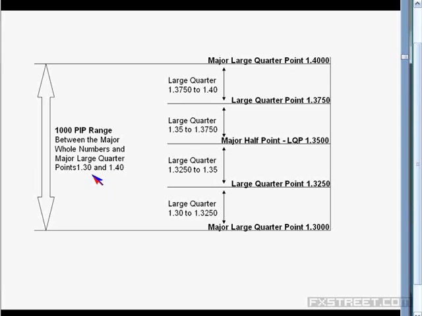So in my Quarters Theory, what I do is I divide these 1,000 pip ranges into 4 equal parts, or 4 large quarters, as I call them, of 250 pips each. So this is a little example of the 4 large quarters within the 1,000 pip range between $1.30 and $1.40. The price points that give us the actual large quarters are going to be called large quarter points.